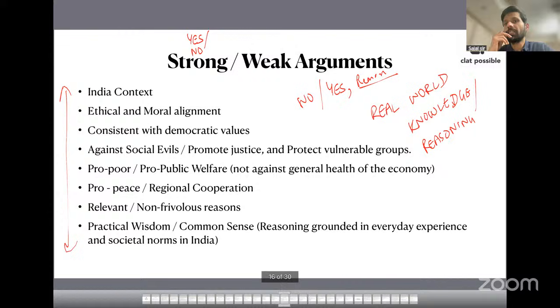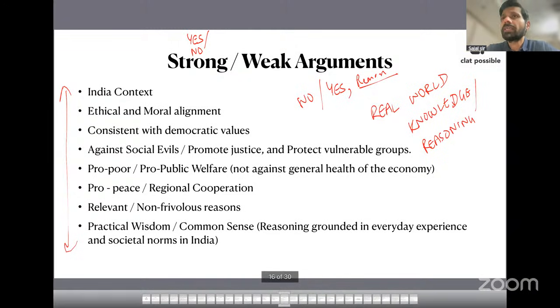So for example, issue ऐसा है कि should gender determination test be allowed in India? Gender determination test before childbirth, should those be allowed, right? So we understand that in India there is a restriction on it for obvious reasons, female feticide and all those social evils.